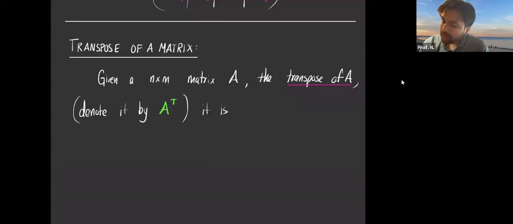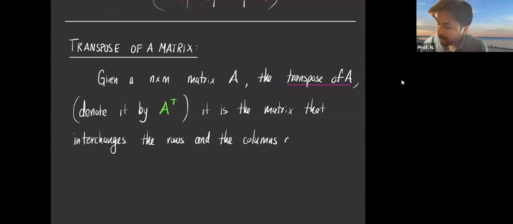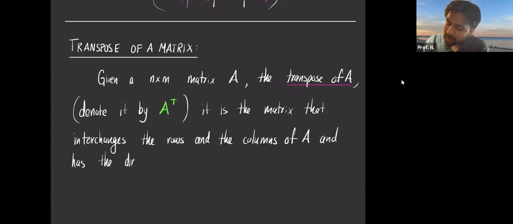It is the matrix that interchanges the rows with the columns of A, and has the dimension of m by n. So that's what the transpose is.